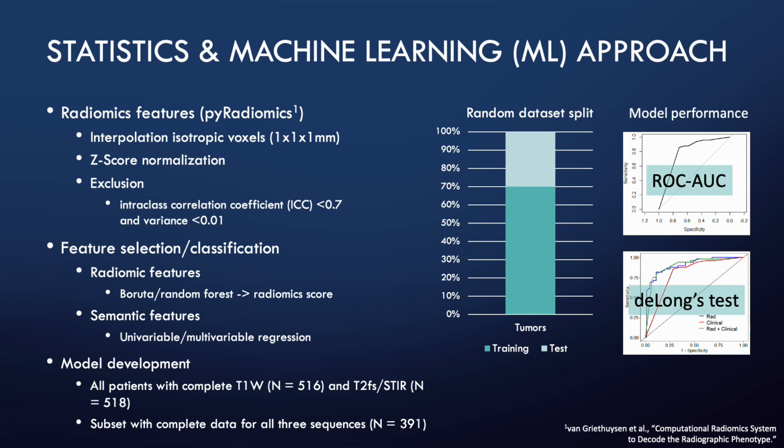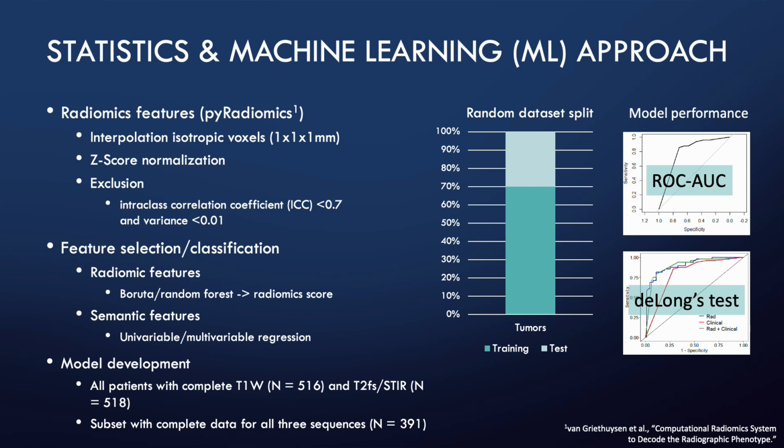The first 2 models included all patients with complete T1 weighted and fluid sensitive data, and the remaining 4 focused on the subset of patients with complete data for all 3 sequences. In the subset, a separate model was developed for each imaging sequence, along with a multi-parametric model that combined the 3 sequences.